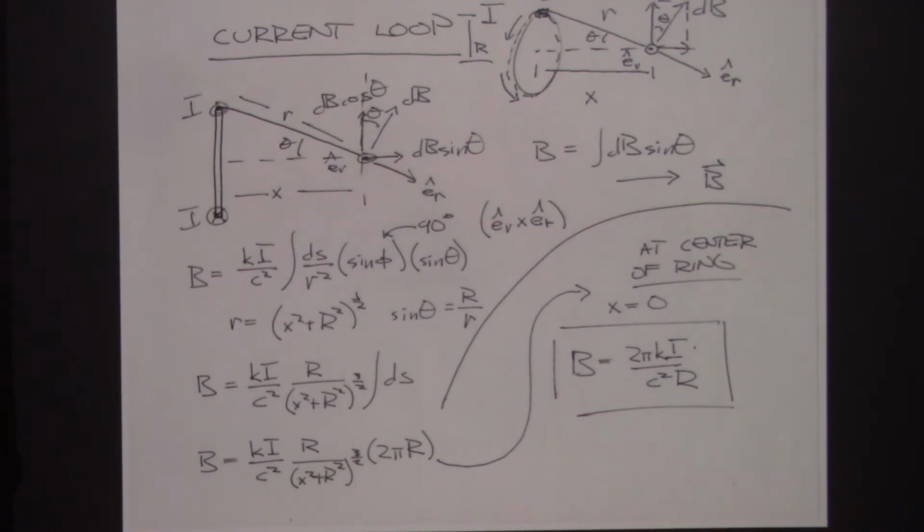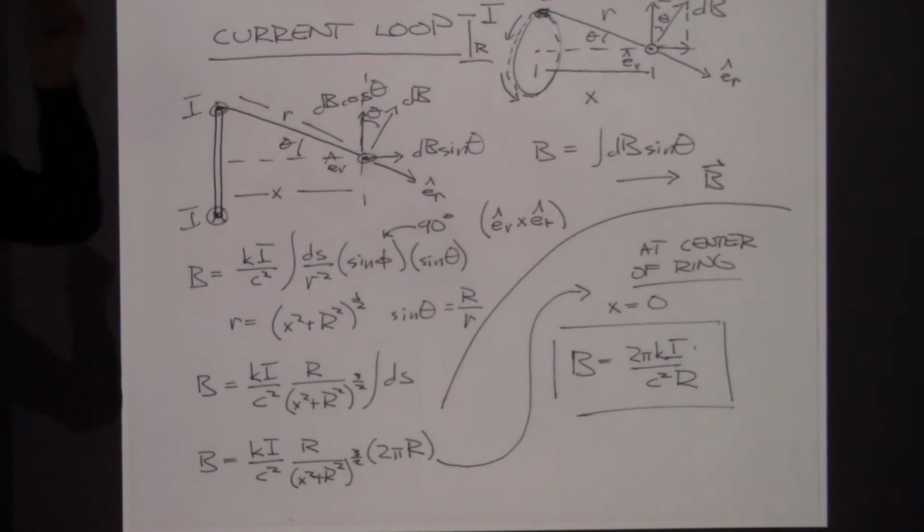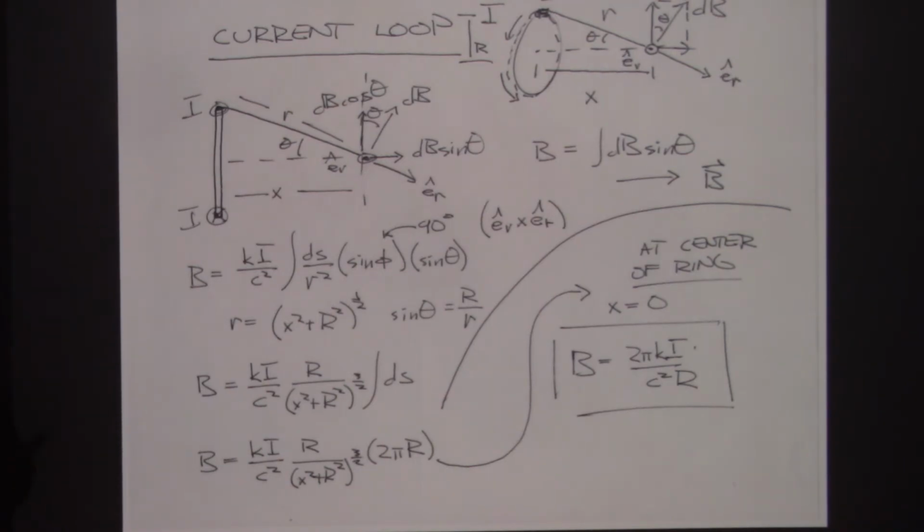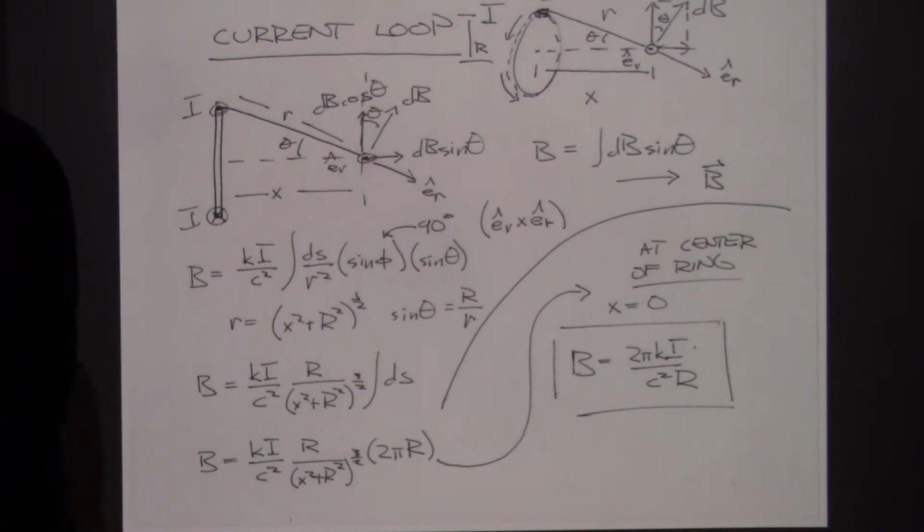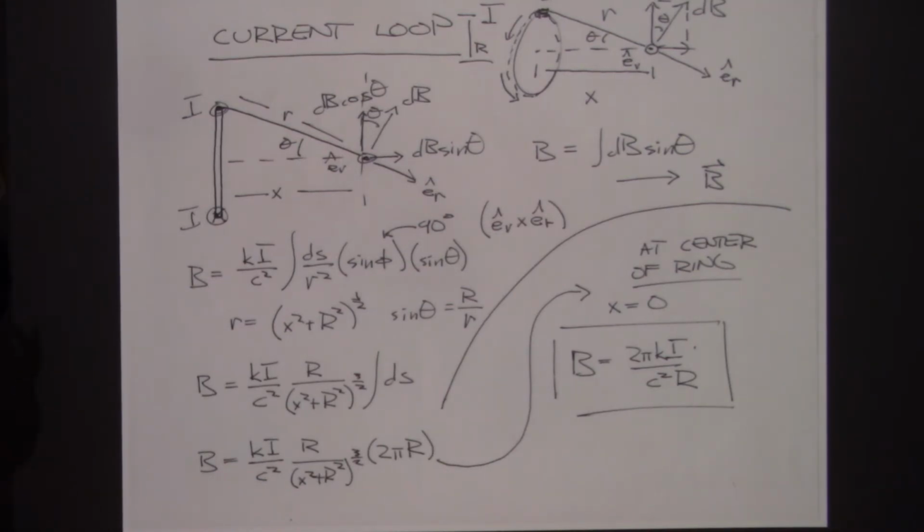Earth has a magnetic field that is shaped like a dipole. Electrons and protons and neutrons have little tiny magnetic fields that are shaped like dipoles. Anyway, this goes through all the integration. Again, we have to keep track of all the distances, all the angles.